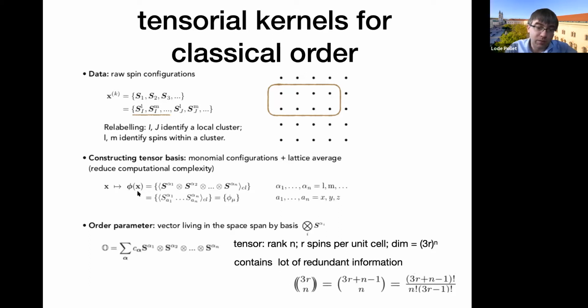And so our feature mapping, this phi, is exactly the mapping from all the Monte Carlo spins on the lattice towards this tensorial construction for one unit cell. Now, in our case, this actually reduces the amount of information one needs to store substantially.